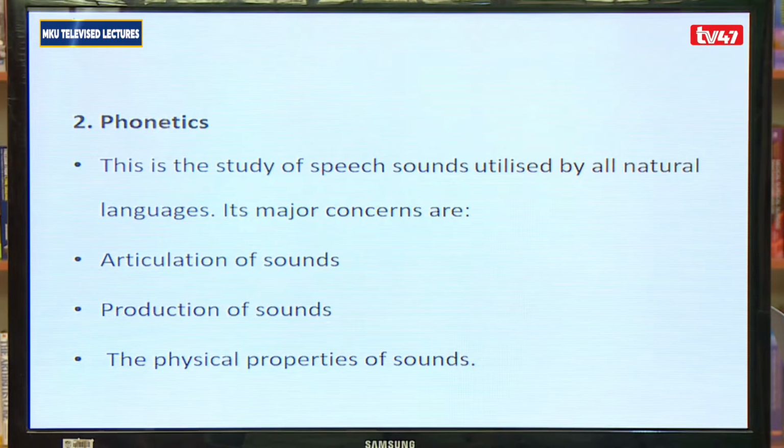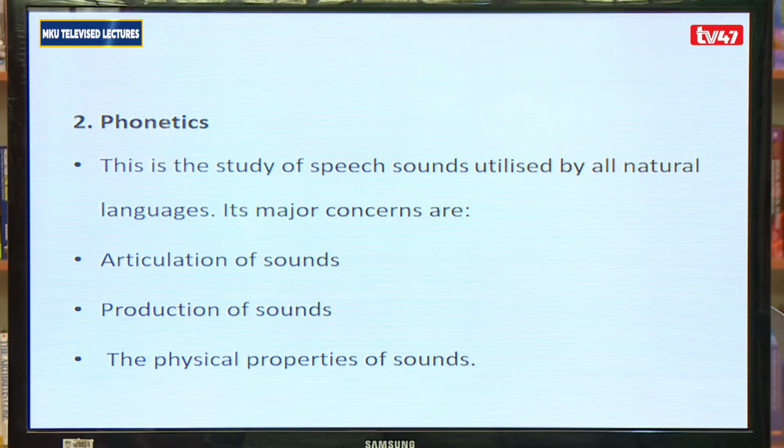In phonetics, we study all the sounds that are used in all natural languages. In phonology, we study the sound patterns of a particular language. What does this mean? It means that phonology is not as wide as phonetics.